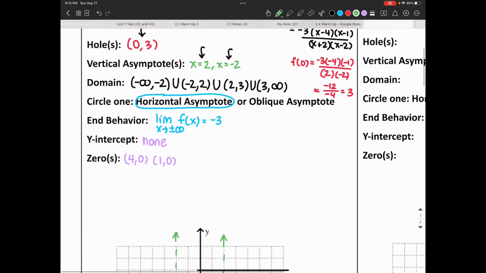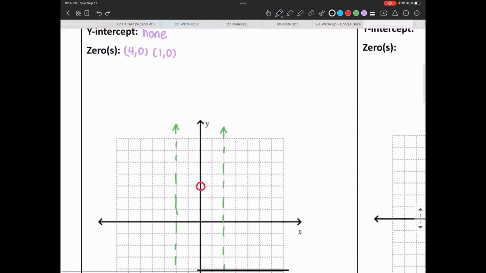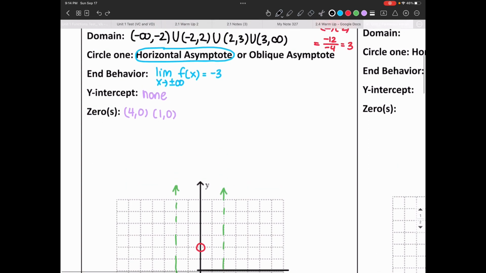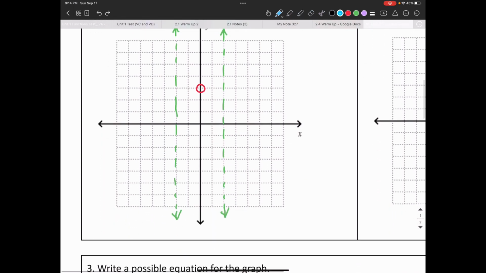Then I don't have to draw the domain. I just need to make sure I have how many pieces? I'm going to have 4 pieces. Just kidding. I'm going to have 3 pieces, but a hole in one of them. And then the horizontal asymptote is at negative 3.